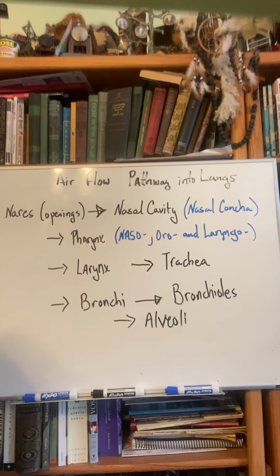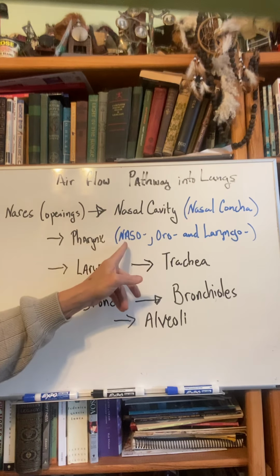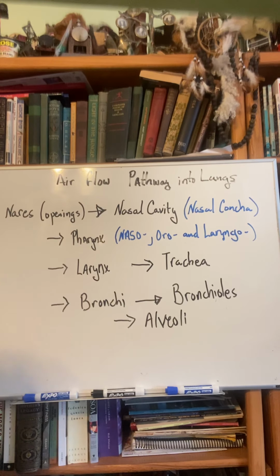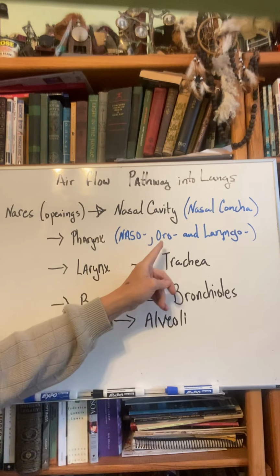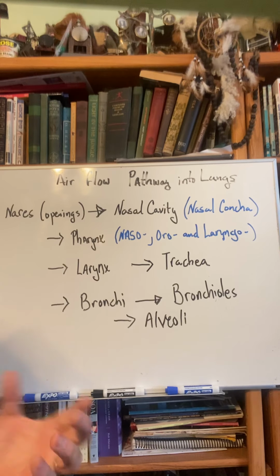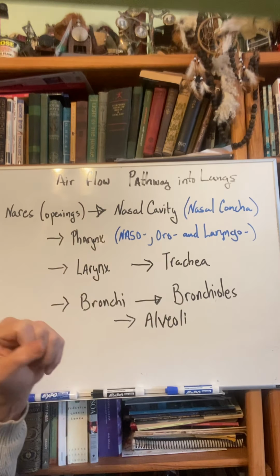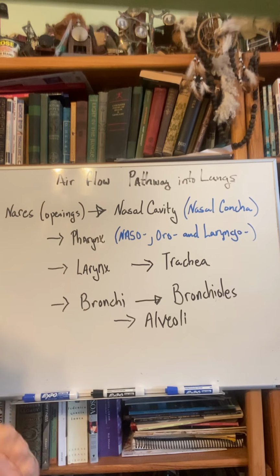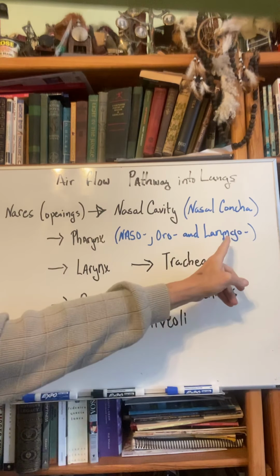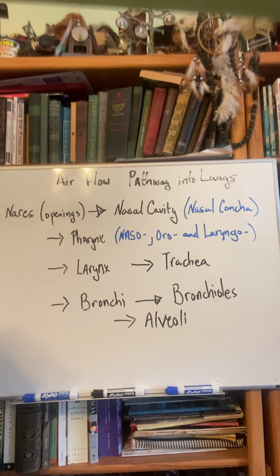And so the pharynx is divided up into three parts. The part that is directly behind the nasal cavity is the nasopharynx. The part that is behind the oral cavity, where your mouth is, is the oropharynx. And then the part that is behind the larynx is called the laryngopharynx.